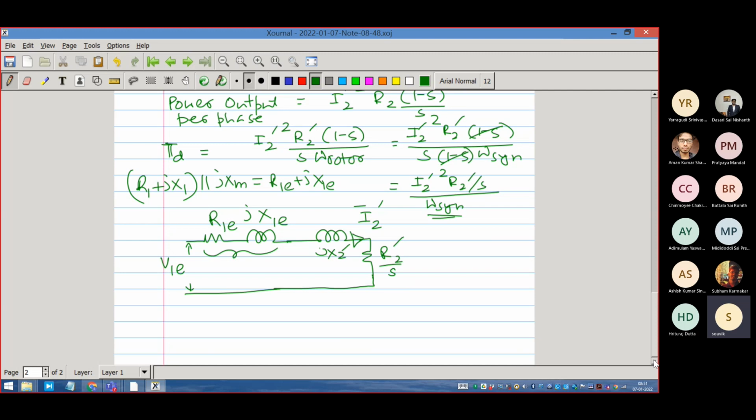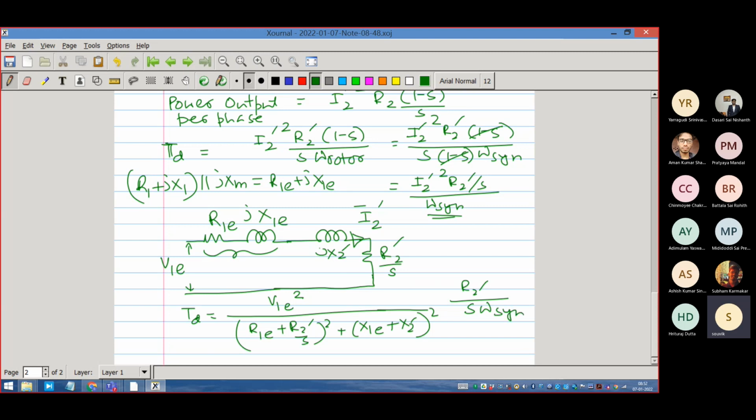So this is the expression. Looking at it very accurately, if I want to write, I will write TD is equal to I2 dash square R2 dash by S divided by omega sync, where I2 dash square is V1E magnitude square divided by the square of the magnitude of R1E plus R2 dash by S, plus j times X1E plus X2 dash.